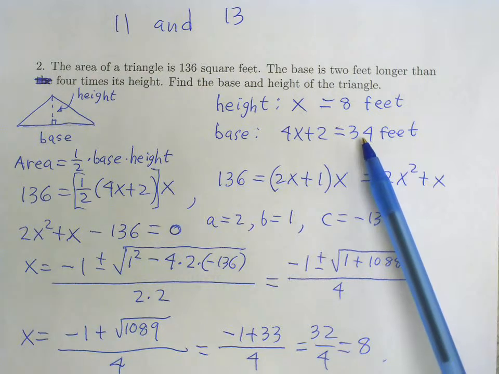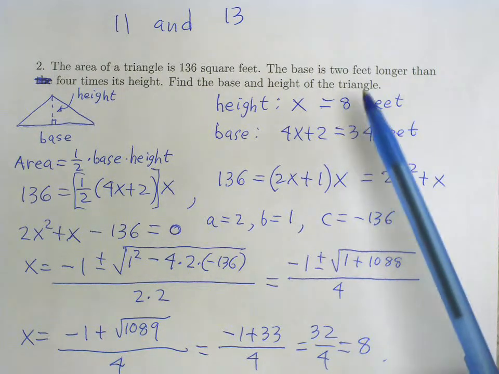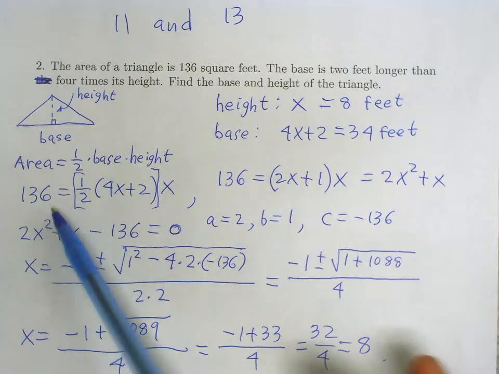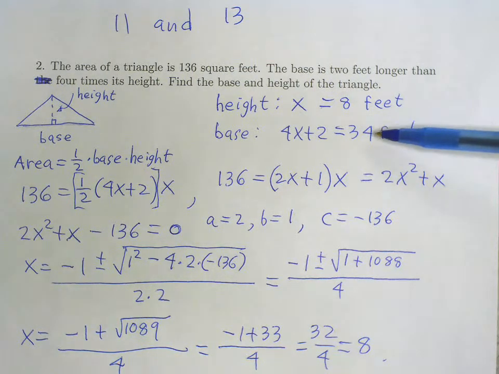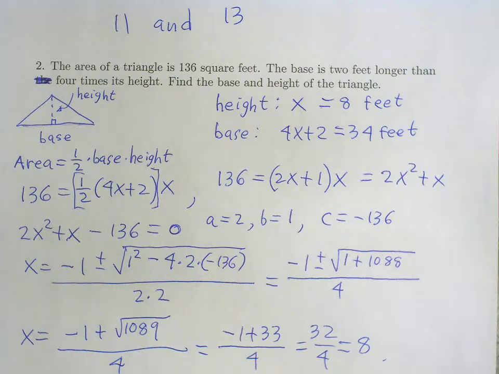So 1/2 of 34 is 17, and 17 times 8, sure enough, that's 136, which is the area. And if you want to verify that 34 is 2 more than 4 times 8, that's pretty easy. 4 times 8 is 32, and 2 more than 32 is 34. So everything checks out on this one.